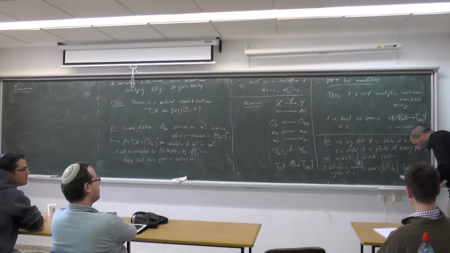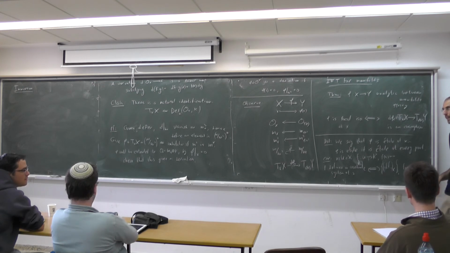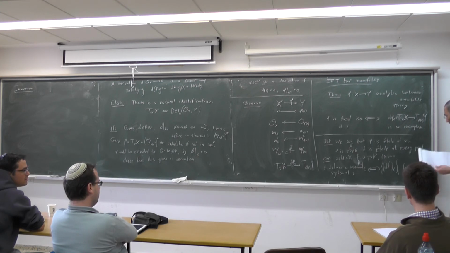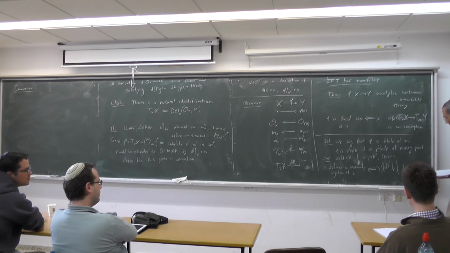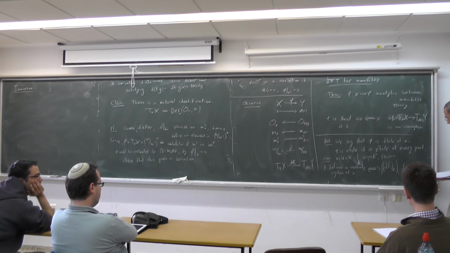Each df_i at x is a tangent vector to K at 0, right? Because the image of f_i is K. So somehow that's what confuses me. This is very confusing, right?